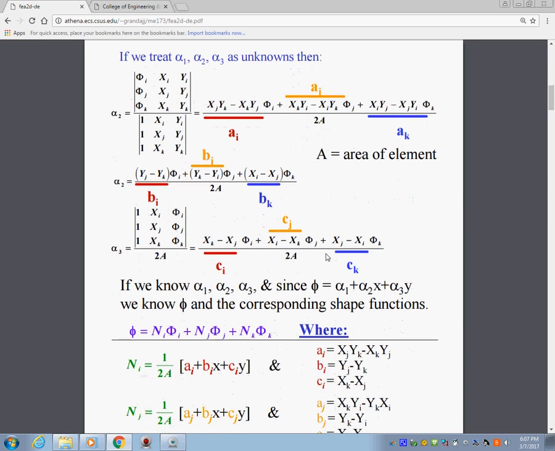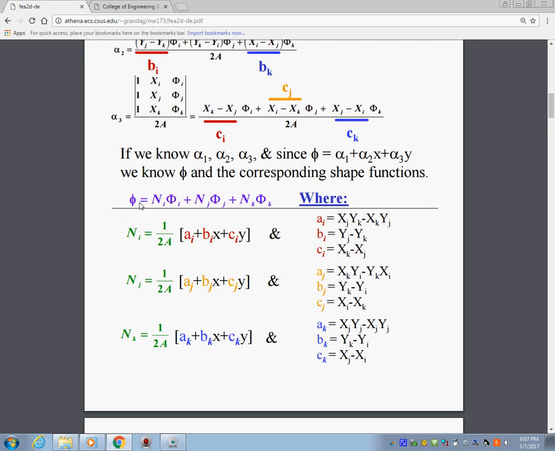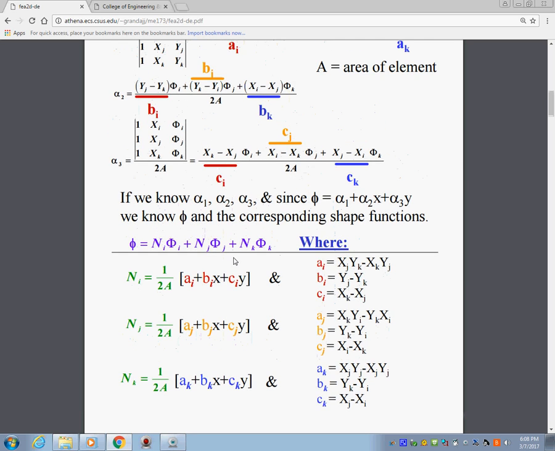We learned in one dimension, if you put the solution in terms of the nodal values and the shape functions, it is obvious to conclude that these factors would be the shape functions.